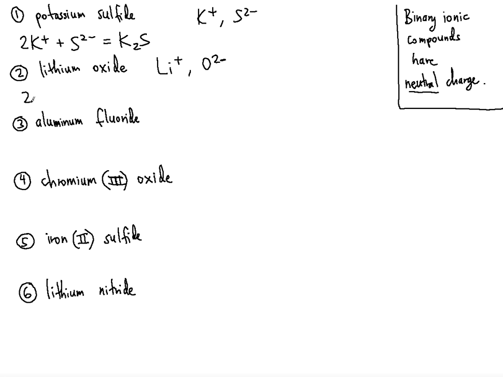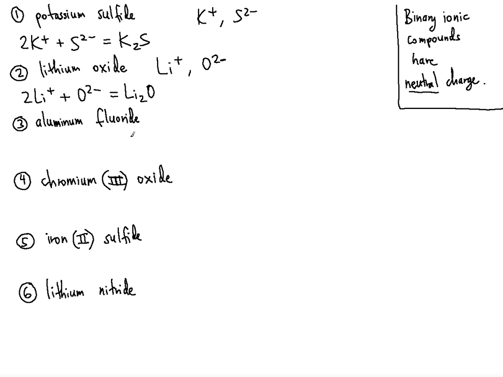So it's going to be 2 Li plus O, the oxygen symbol, 2 minus, and that is equal to Li subscript 2, because you're dealing with compounds, no more charges, no more positive or negative charges. You're talking about compounds whose neutral charge is 0. So Li2O. So this is the lithium oxide formula.